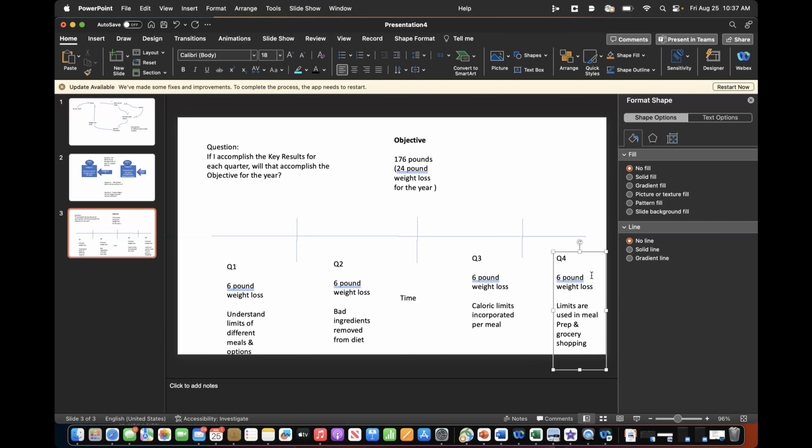If I do all those things together, will I have achieved my 24-pound weight loss goal? Or are there other things I need to consider? So again, this is the method you're going to use, double checking to make sure that the steps you're taking actually lead you, again, the stairs actually lead you to the door. Otherwise, it's all for naught.